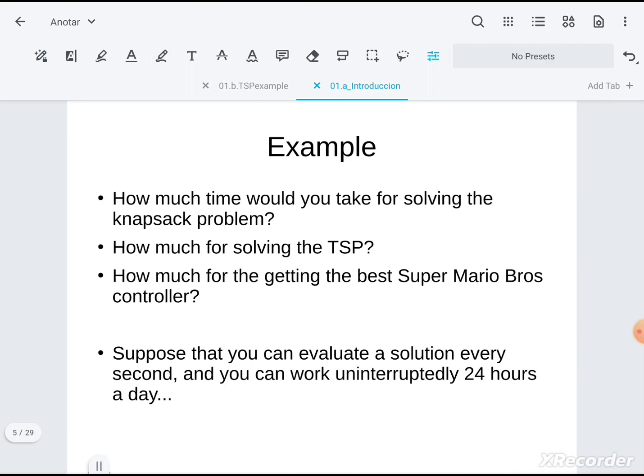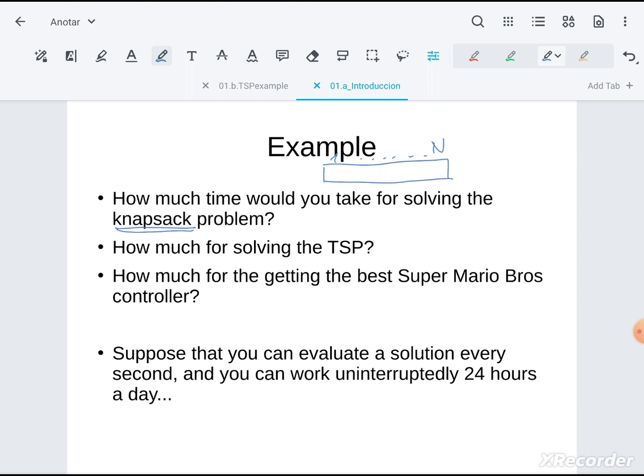Just let me tell you that these kinds of problems cannot be solved by brute force. With brute force, I mean evaluating all the possible solutions. For instance, if you try to evaluate all the knapsack solutions, you have n objects.